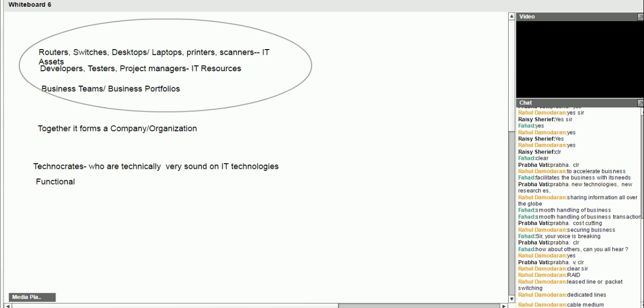Functional means the person has sound knowledge of business, may it be insurance, finance, retail, or any industry.